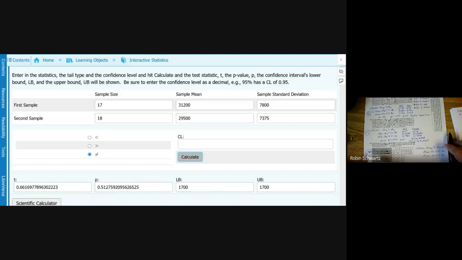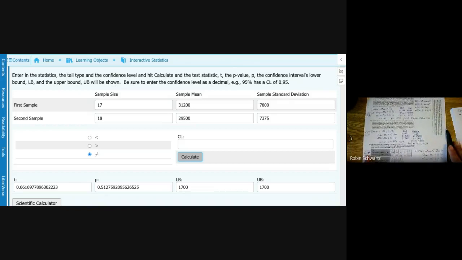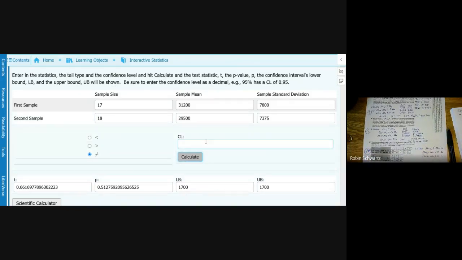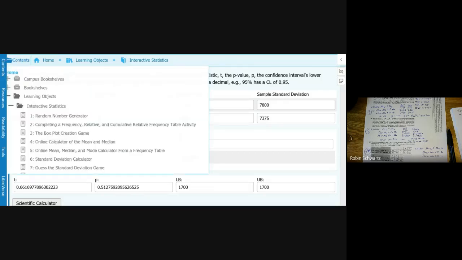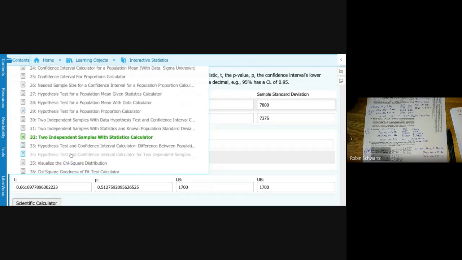And the program lets you just enter the data in, so we don't have to write down any data. It's all there. So we'll go to dependent, which is number 34. Show you how that works. Sharing this tab, we're going to go to contents and switch to 34.